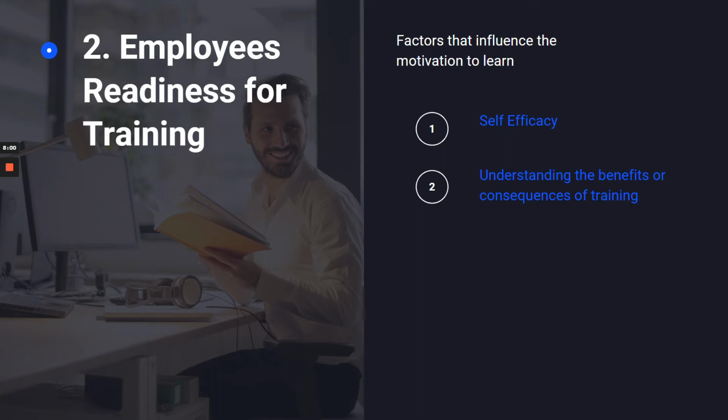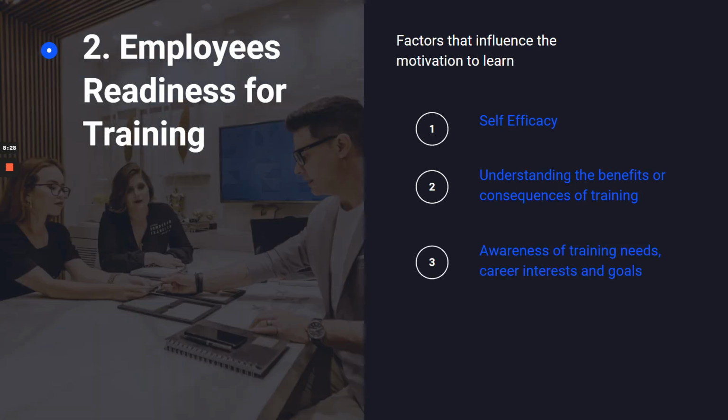So the employee should understand that the training is related to his job, personal and career benefits, as it may include processes or procedures to make his work easier and is needed due to change in work technology. So you have to make sure that the employees understand that part, that this training is going to benefit them. Then, awareness of training needs, career interest, and goals.